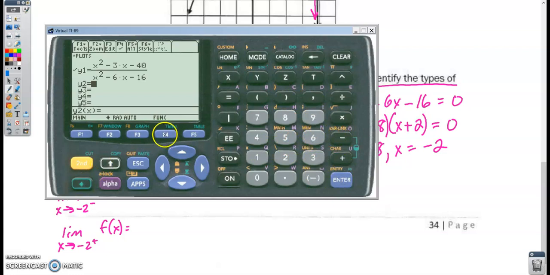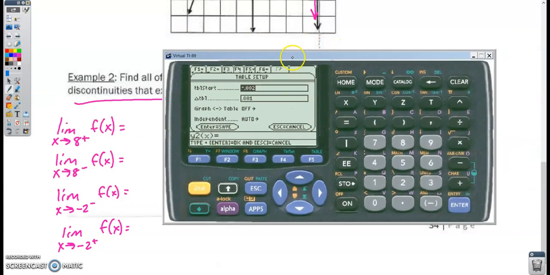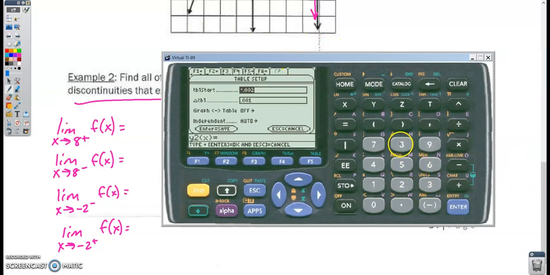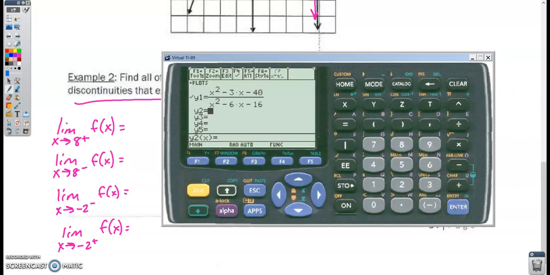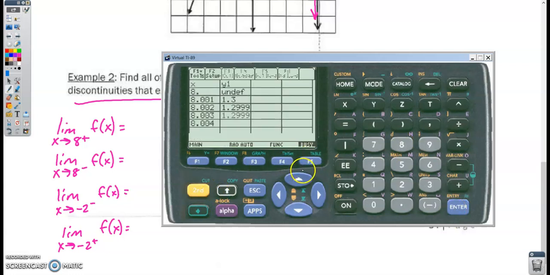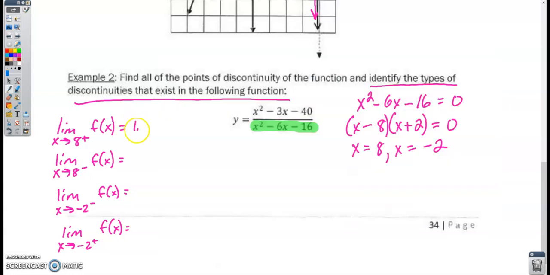I'm going to set up my table to find the limit as x approaches 8. And then I'm going to look at my table. It appears that as x approaches 8 from both sides, this limit is 1.3.